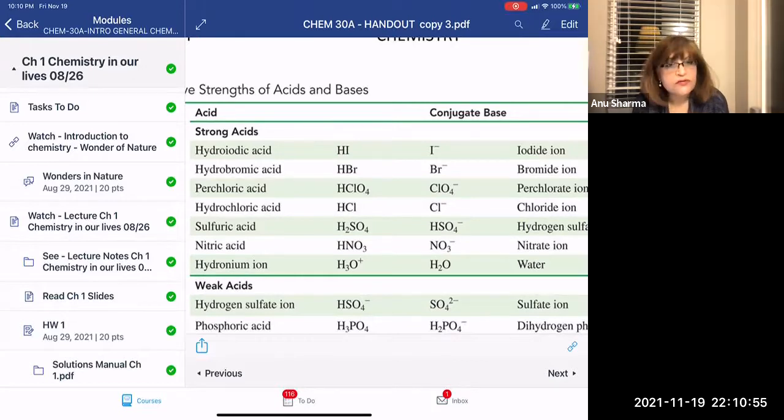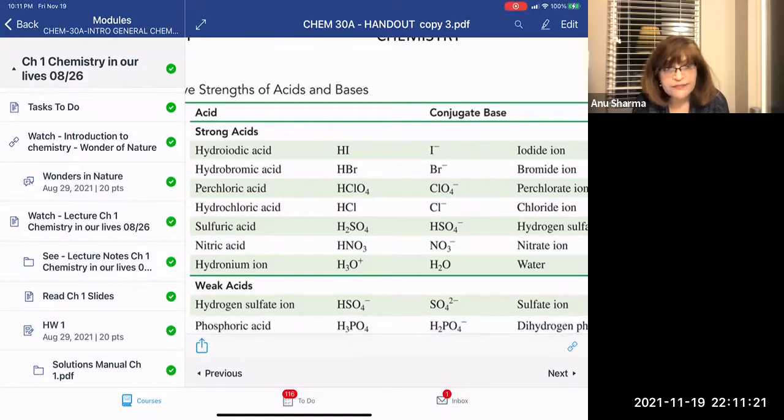Perchloric acid, minus 1 hydrogen ion, leaves you with the perchlorate anion, that is the conjugate base. HCl, the conjugate base is chloride ion. H2SO4, conjugate base is HSO4. HNO3, nitric acid, the conjugate base is the nitrate ion.